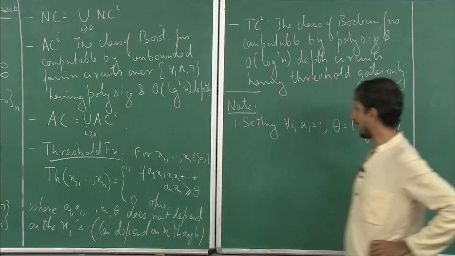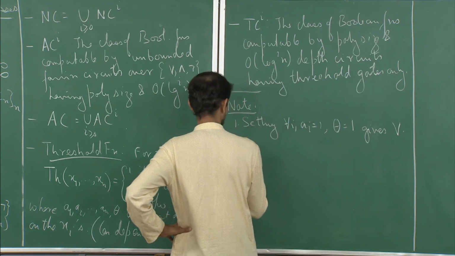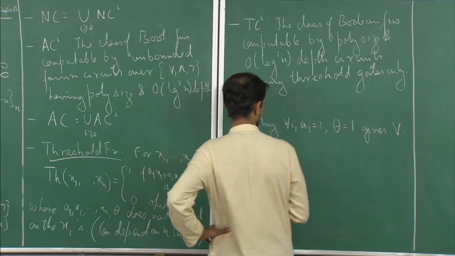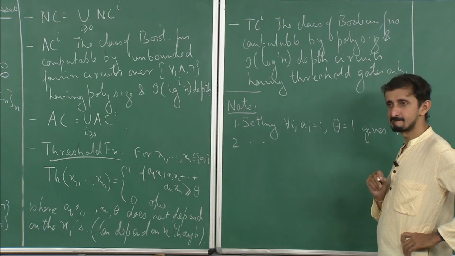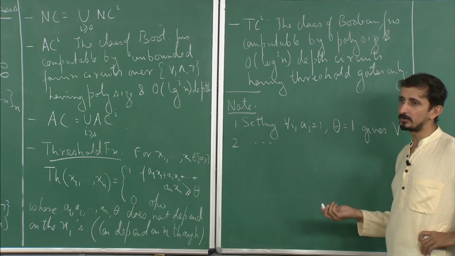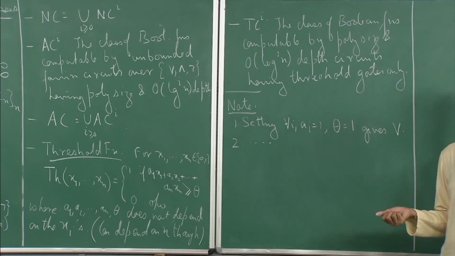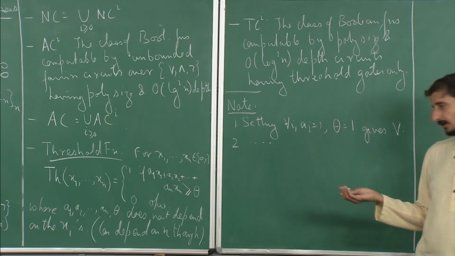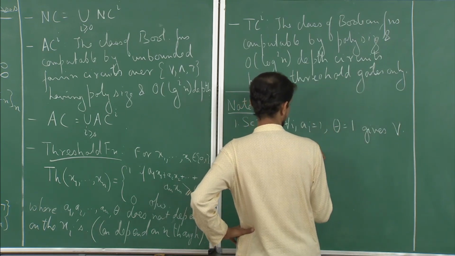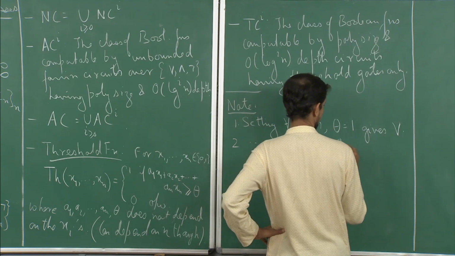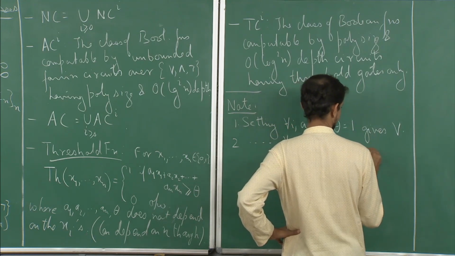What about AND? An AND gate must have all its inputs as 1, right? Exactly. So basically for all i, you have ai equal to 1 and you set theta to be n.